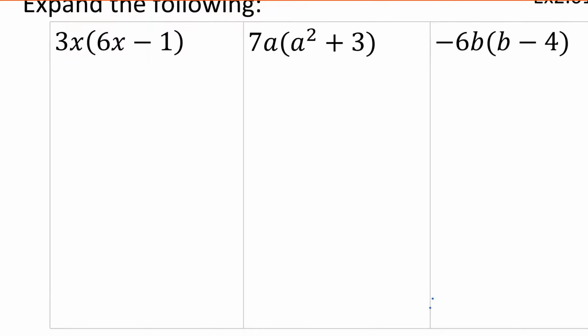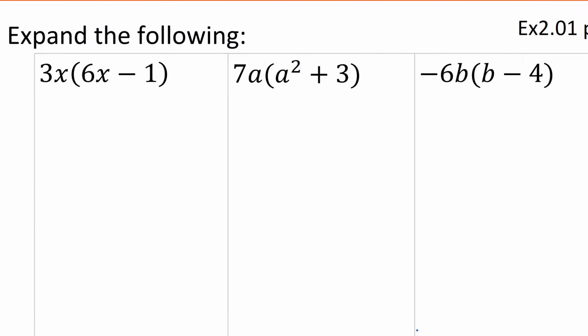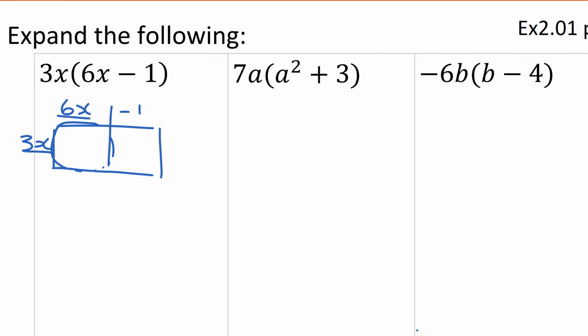So the first one, remember, we are expanding the following. When we're doing expansion, make sure that you do one of the two methods. The first method being the box, where the area inside this box is 3x times 6x, or 18x squared.